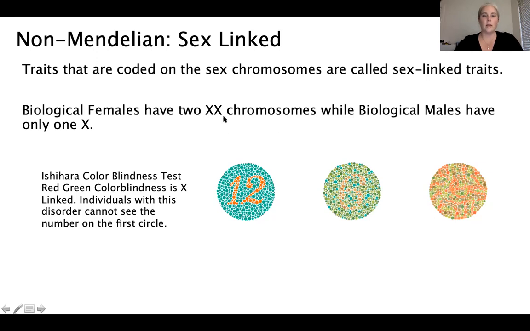We did talk a little bit in class about how females are XX, which means you are redundant. So if one of your copies of your X chromosome has a genetic trait on it that is unfavorable, but the other one has a normal functioning version of that trait, you will be what's considered a carrier for that disorder, and you can pass that on to your offspring.